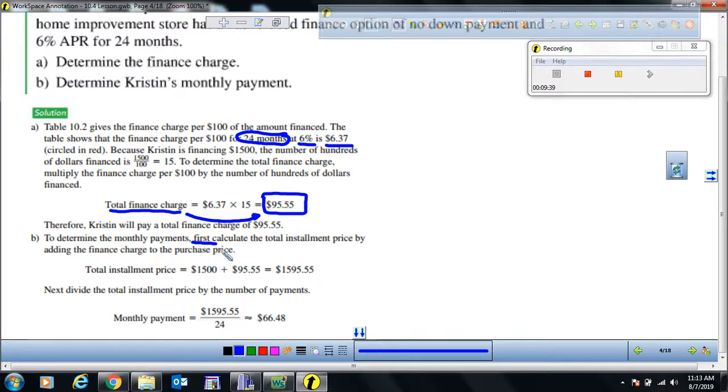You add that to the original amount she wanted to borrow, and that gives a total of $1,595.55. So that's the total installment plan, including the finance charge.